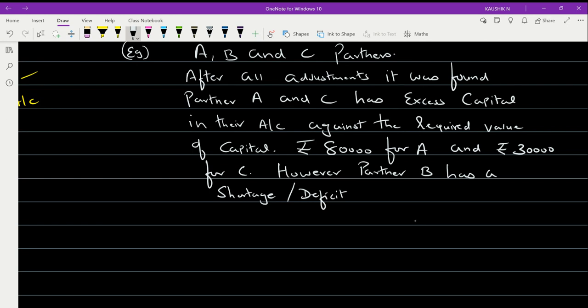Partner B has a shortage or deficit of rupees 40,000 in his capital.